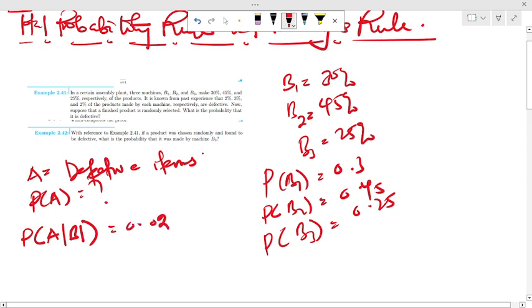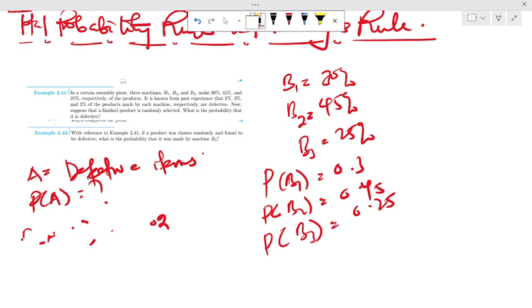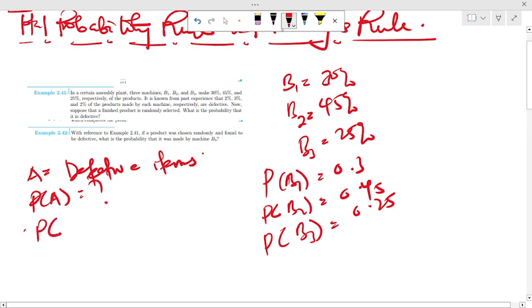0.02, right? Sorry, this is a mistake. Okay. So the probability that it is defective given that it is produced by B1 is 0.02.